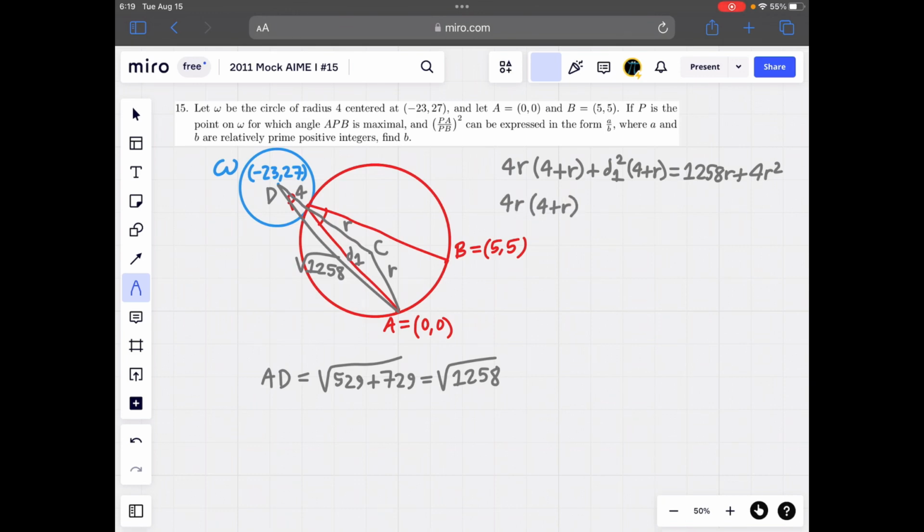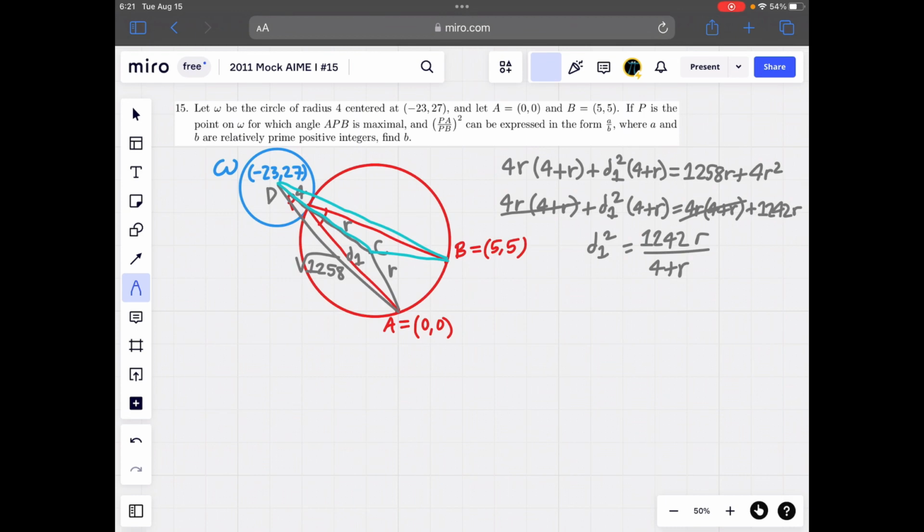Rewriting this, we have 4 plus R times 4R plus d1 squared times 4 plus R. And then we want to break the 1258R, split it up into 16R and 1242R, so that the 16R can go with the 4R squared to create 4R times 4 plus R. And then we're left with 1242R. Now we can cancel the 4R times 4 plus R, and we're just left with d1 squared equals 1242 times R over 4 plus R.